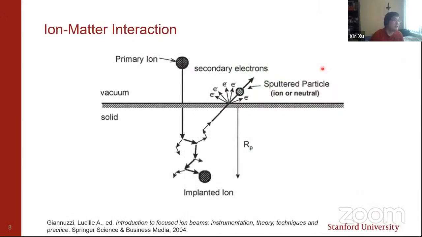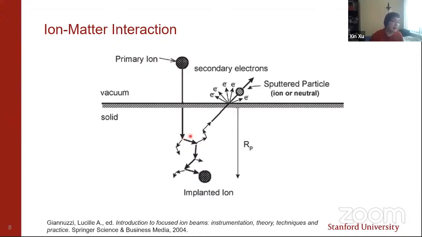Actually, this is a well-studied field. So let's look at the mechanism of ion-matter interaction here. First, these are the gallium ions, the primary ions, which come to your sample surface. Since they are accelerated by high voltage, they will penetrate into the sample surface and generate some vacancies, also generate some recoil atoms. They will knock off some lattice atoms and generate vacancies.